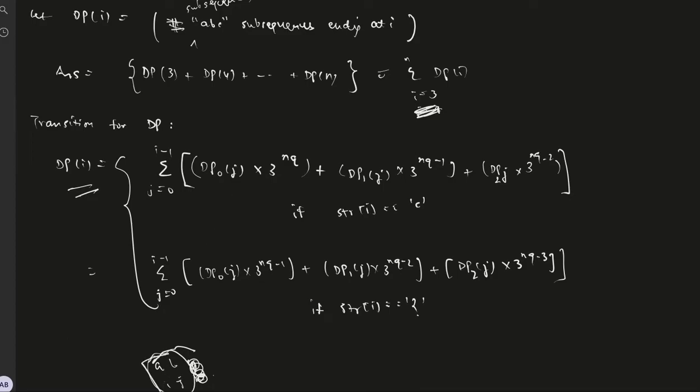So we have already calculated this via dp0. Since none of them were question marks, and the total number of question marks in the string is NQ, the number of subsequences ABC ending at i with zero question marks still would be given by, if str[i] is equal to, if the ith character we're considering is equal to C, of course.